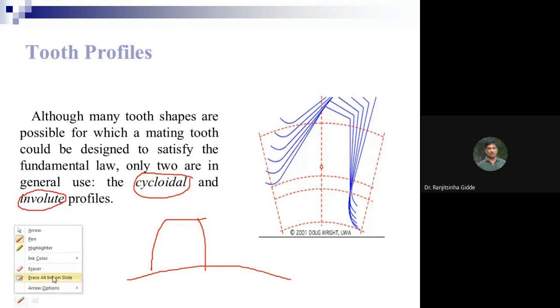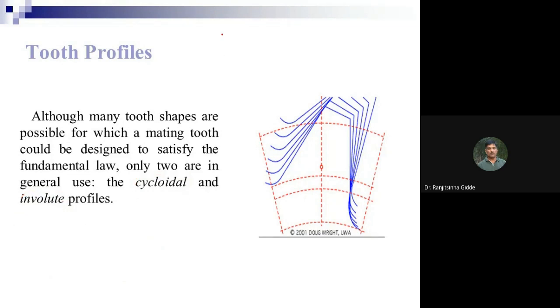So this is the involute one. Simultaneously I will draw some of the sketches wherever space is available. So, one minute. This is involute, and another type is the cycloidal.